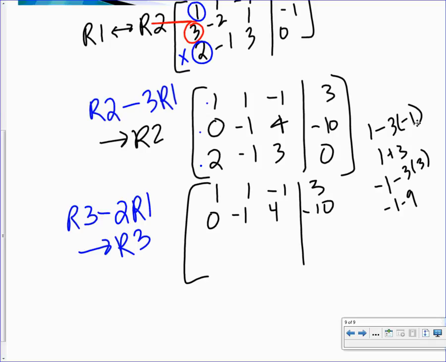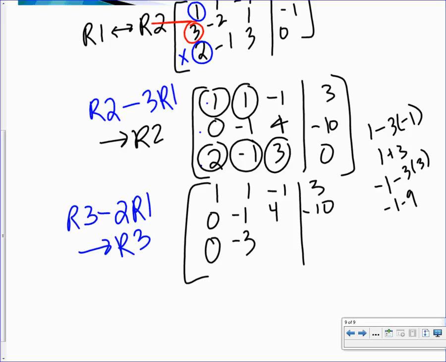All right, so 2 minus 2 times 1 is 0. -1 minus 2, -3. 3 minus -2. Watch your signs there. 3 minus -2 is 5. And 0 minus 2 times 3, negative 6.